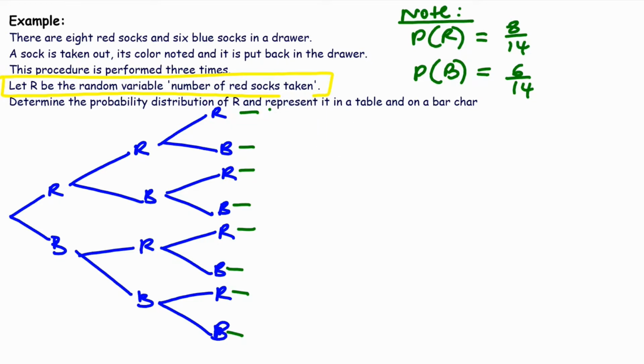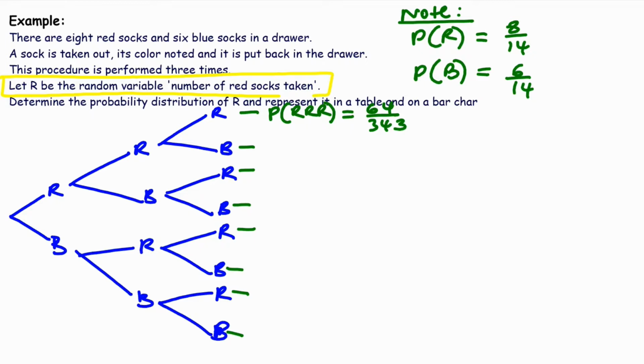Let me just write this. So the probability of red followed by red followed by red will be 64 out of 343.